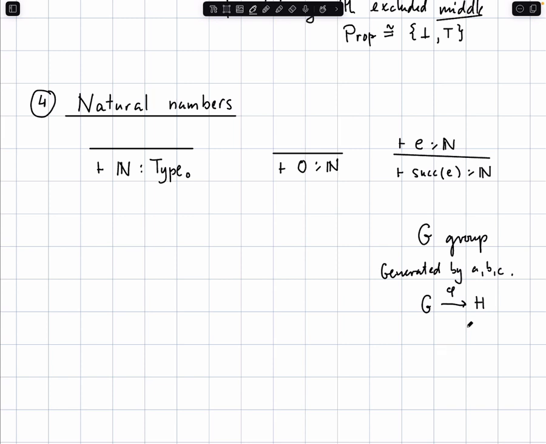No, I only have to specify what it does on the generators, because every other element of G is a combination of A, B, C. And so once I know what phi does with A, B, and C, phi is determined, all of it, uniquely. So I just need phi of A, phi of B, and phi of C.